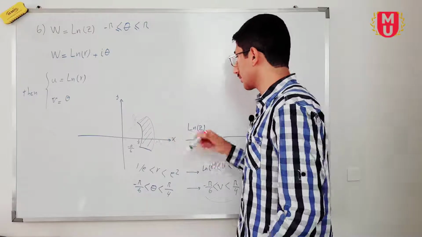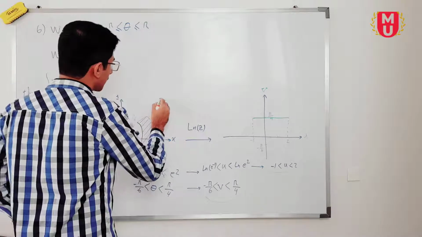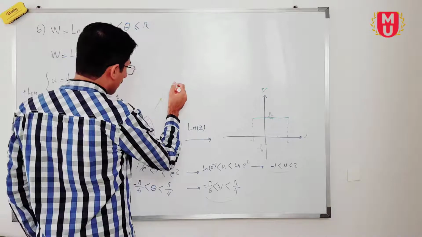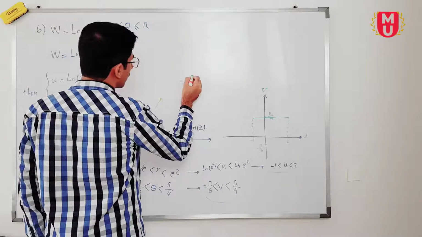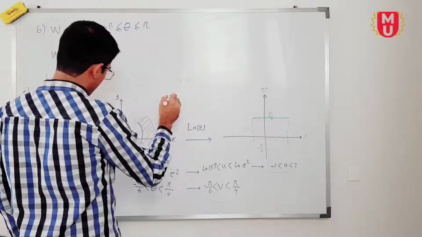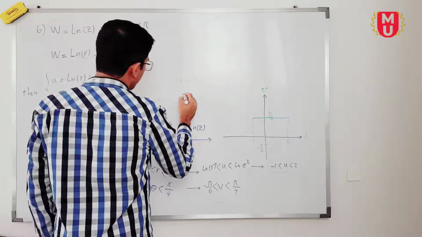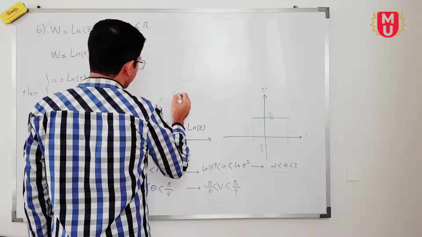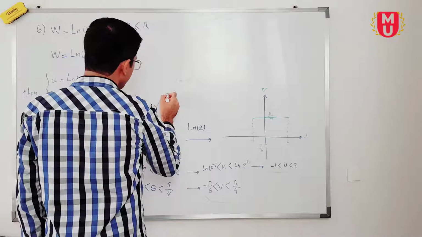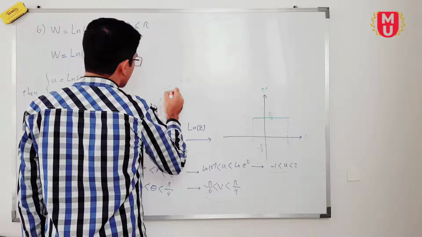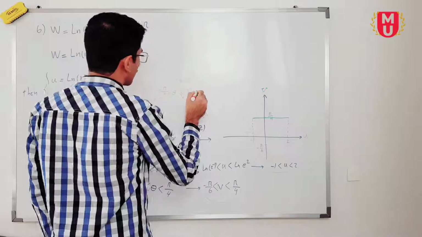And for the orange curvature, we write it down like this. R is a constant of e to the 2, but the angle is changing. Theta is changing from minus pi over 6 to pi over 4.